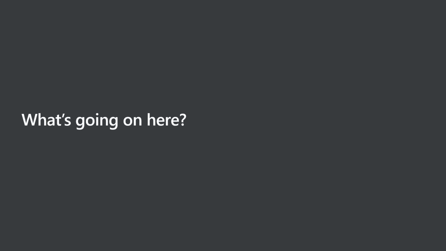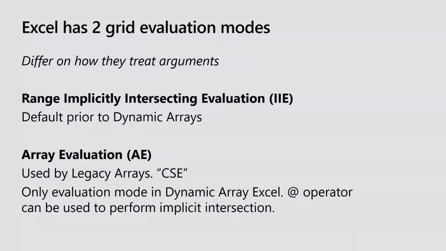So what's going on here? Let's understand why formulas are behaving this way. Excel currently has 2 grid evaluation modes, and they differ on how they treat their arguments. The default you have today in Excel 2019 and before, and non-dynamic array 365, is what's known as range implicitly intersecting evaluation.